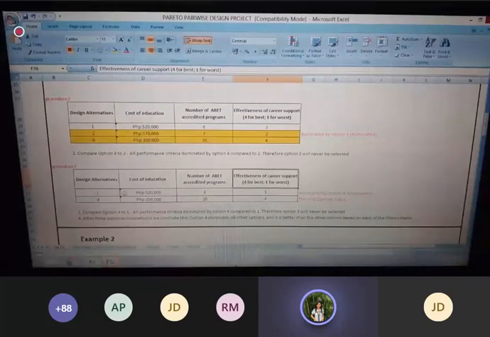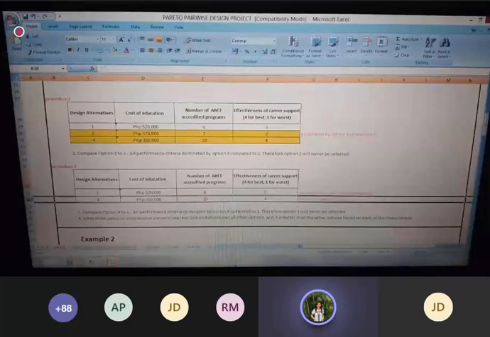But in the design project, it's Pareto, so it means to say it doesn't dominate all other alternatives. So option 4 will not be considered in our design project, because there's no such design that dominates all criteria.